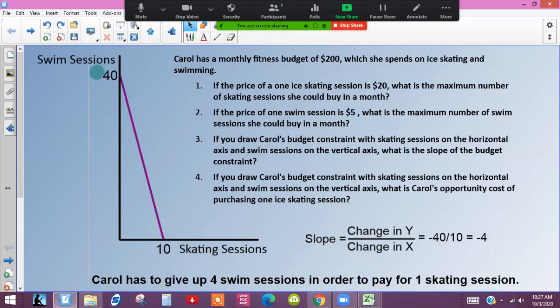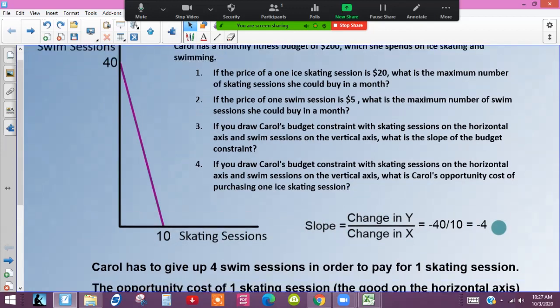I'm sure you've learned this in math, that a slope is the change in y over change in x, or the change in the vertical axis variable over the change in the horizontal axis variable, which is 40 over 10, and it's downward sloping, so it's a negative. It's a change in negative 40 while there's a change in positive 10 skating as we move down. So the slope is going to be -4.